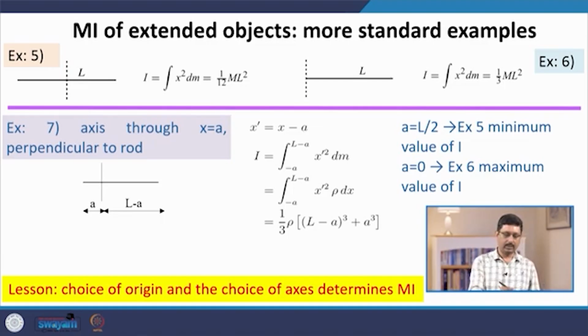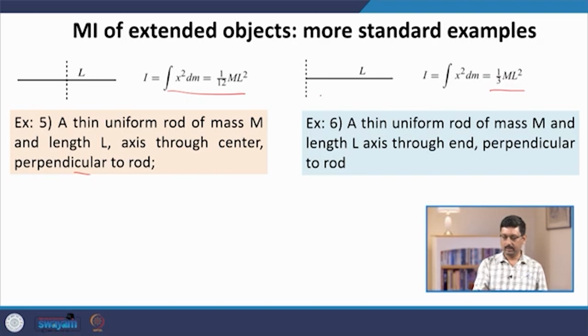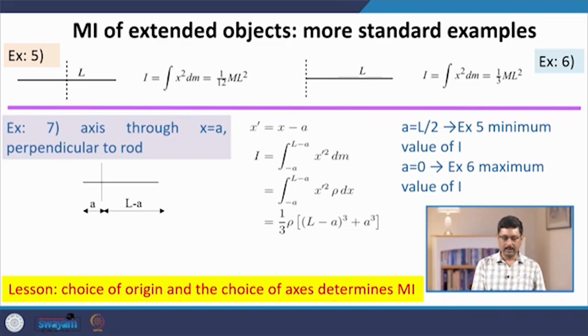Let us say that we are going to put the axis at any point A, where A is a distance from one end of the rod. When A is 0, then we get the situation where the axis is passing through an end of the rod. When A is L by 2, we get the situation where the axis is the axis of symmetry.